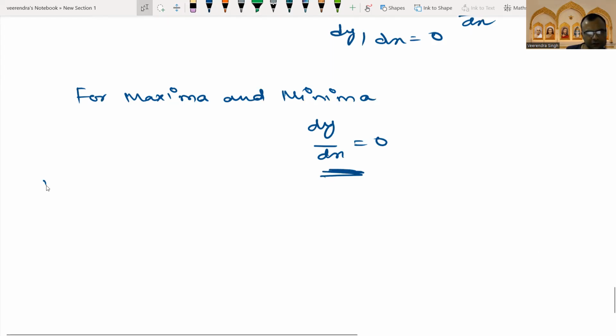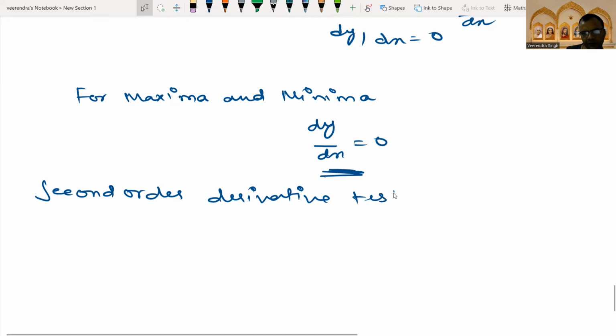Now we will talk about the second order derivative test. Suppose we have the same graph for f of x, like this.